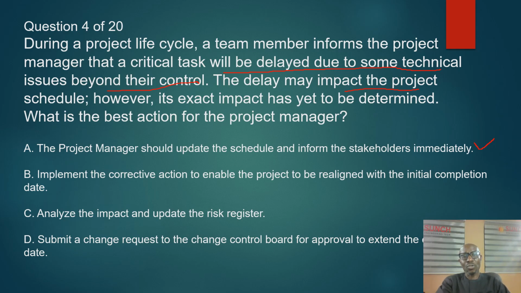B. Implement the corrective action to enable the project to be realigned with the initial completion date. Implement the corrective action, but what corrective action are you implementing here? Let's look at the question again. The delay may impact the project schedule. However, its exact impact has yet to be determined. What is the best action?